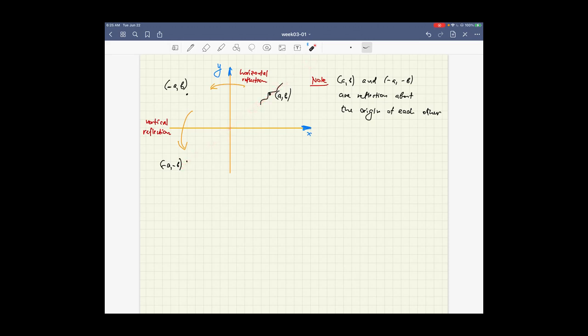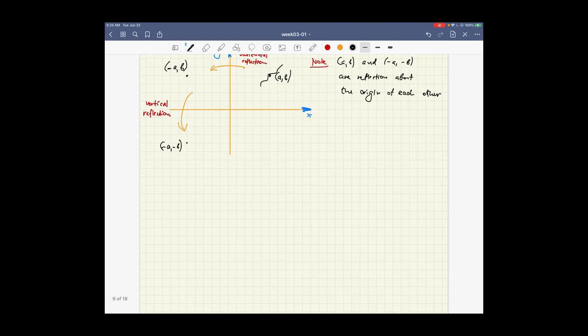What is the line that passes through the origin and the point a comma b? Using the point slope form, we can write this line as y minus 0 equals b minus 0 over a minus 0 times x minus 0, which means y equals b over a times x.